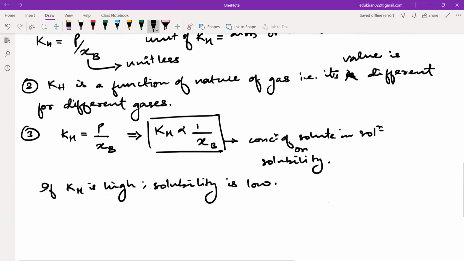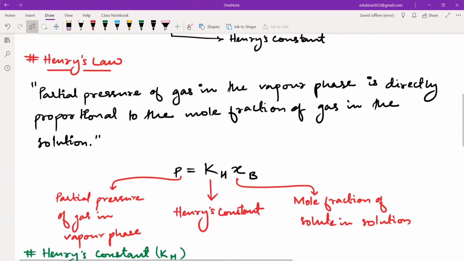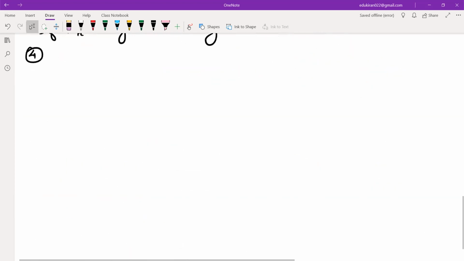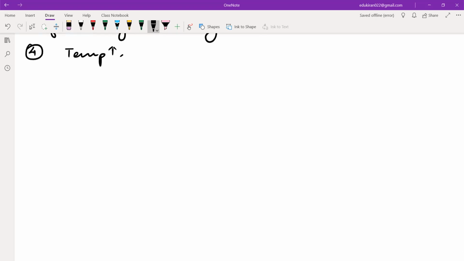Listen to the last point, the fourth point, and then we will be done with the properties of KH. Please remember, we are learning about gas in liquid. Don't write anything, tell me, what is the effect of temperature? If I increase the temperature, what happens to the solubility? Solubility decreases.